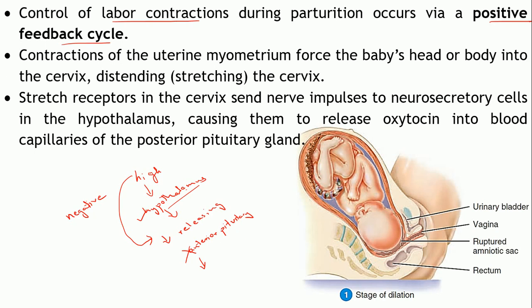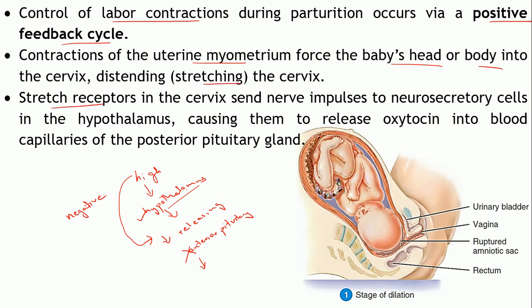Initially low levels of oxytocin will be released, but later on as parturition continues, more and more oxytocin will be released. Why is it happening? That's because the contractions of the uterine myometrium force the baby's head or body into the cervix. So this cervix will be distended, or stretched.